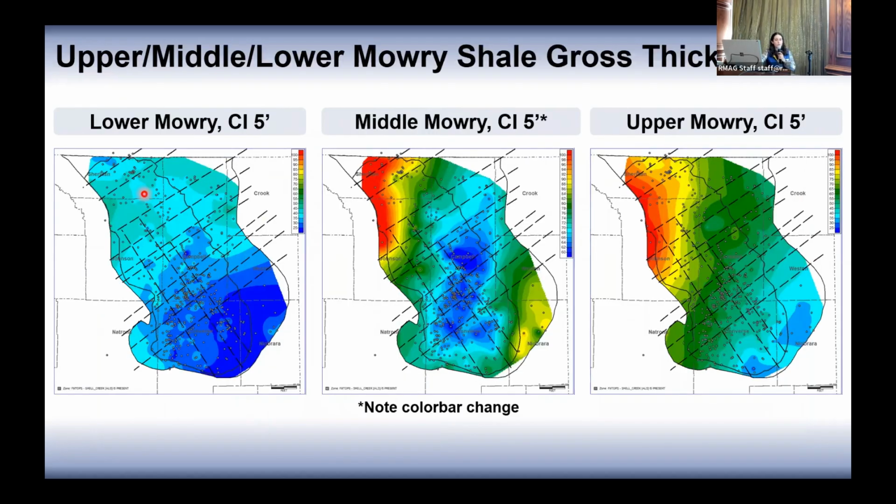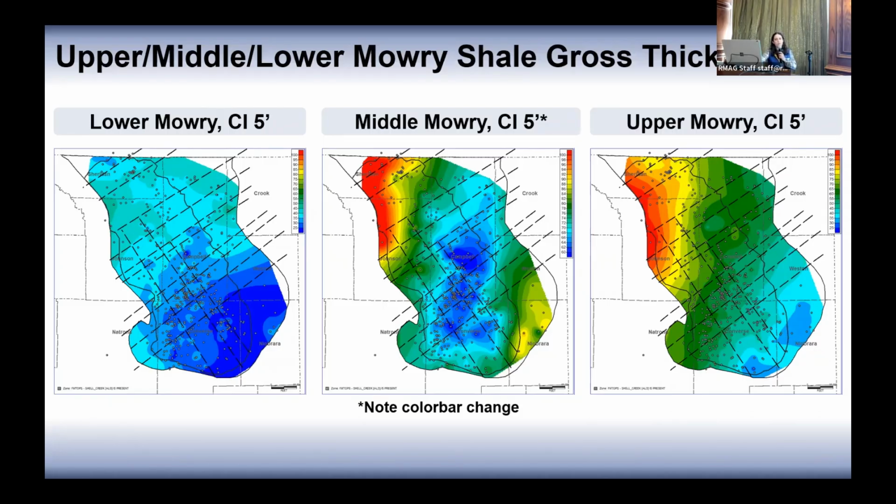So for the lower Mowry, it's thin, but it's thicker up toward the northwest and then thins to the southeast. Similarly, the middle Mowry has a very similar trend, but also that slight thick package that I mentioned before. So perhaps some sort of sediment input over here. And then the upper Mowry is also thick toward the northwest, closer to the source of the sediment, and thinning as you move down to the southeast.